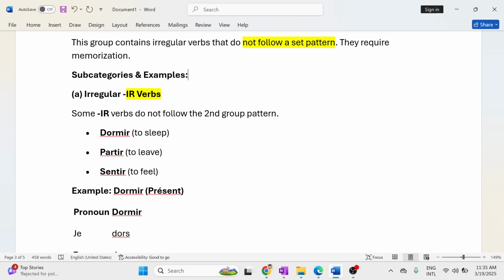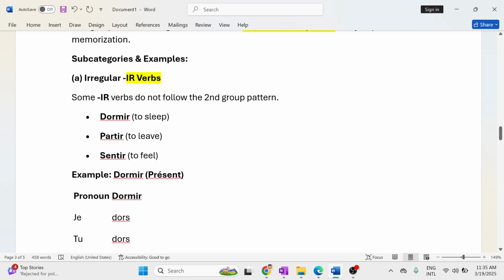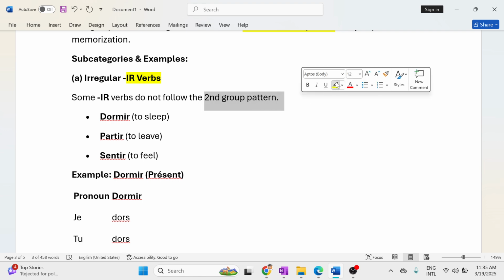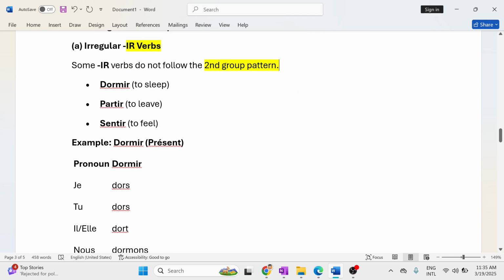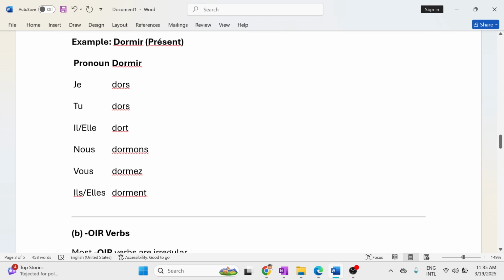We have kept all the IR verbs which follow the regular pattern in the second group only. But some of them are not following it and are being strange. That's why we have removed them and put them in the third group. All the leftovers are in the third group. So some IR verbs do not follow the second group pattern, right? That's why examples like dormir, partir, sortir, we are going to put in the third group. Let's see the formation of them.